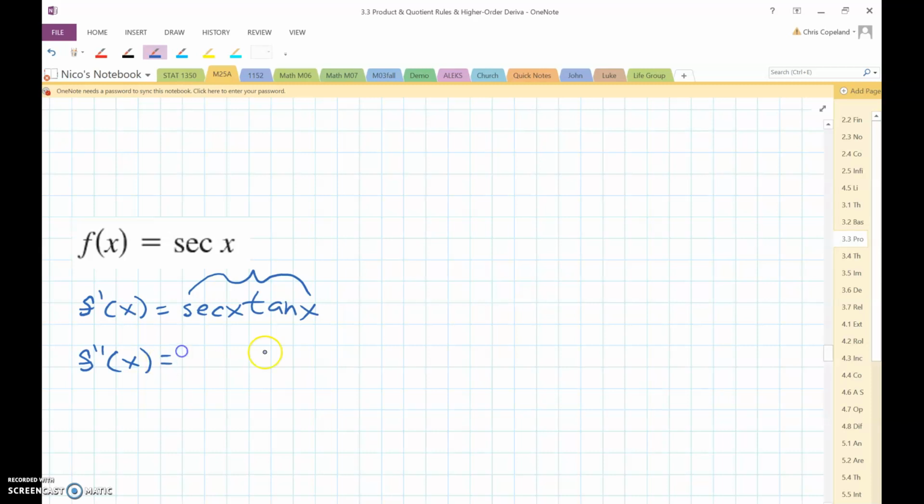So the product rule, you take the first function, which is secant x, times the derivative of the second function, which is secant squared of x, plus, so it's the first times the derivative of the second, plus the second function times the derivative of the first function.